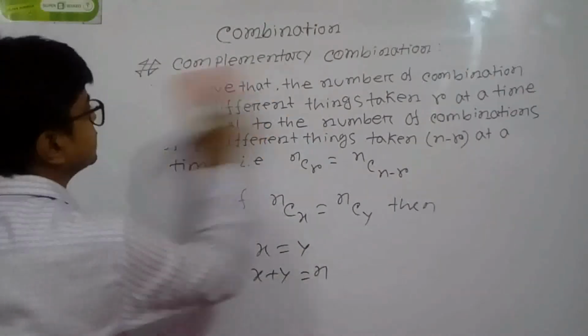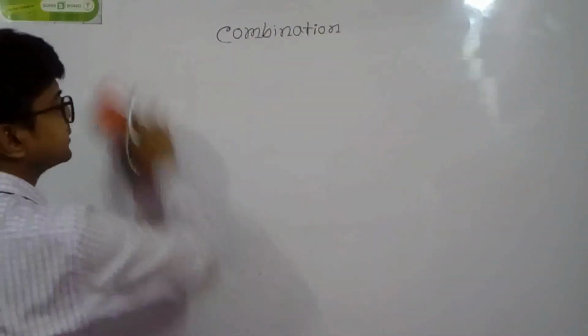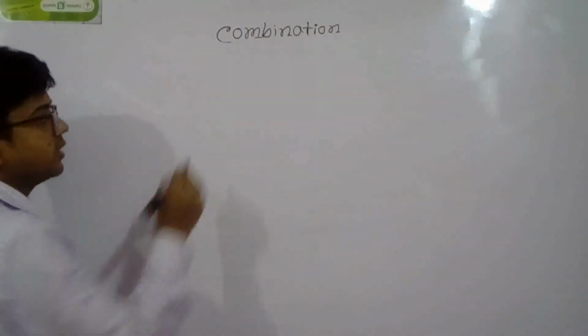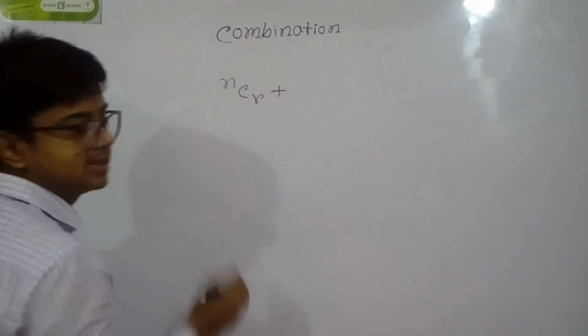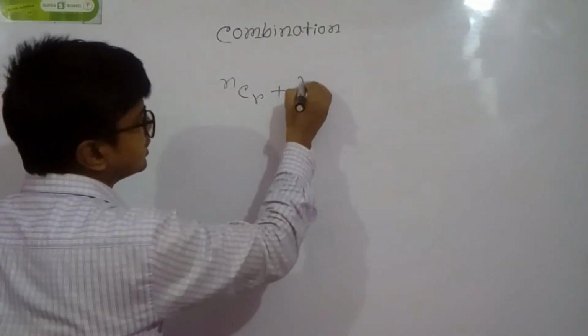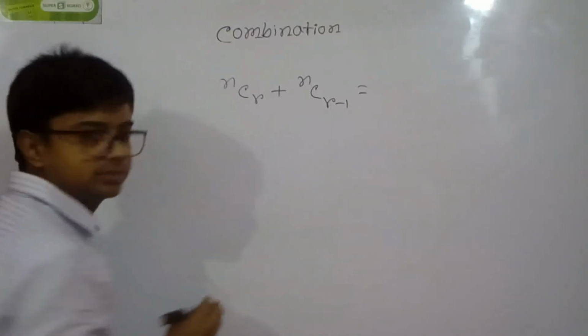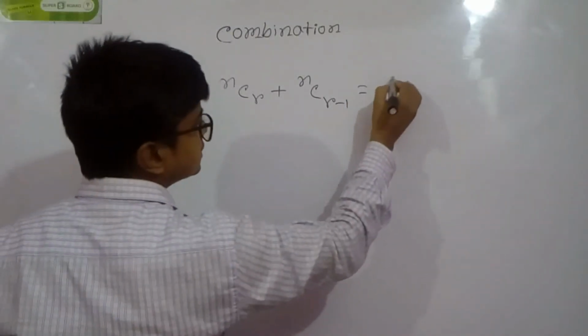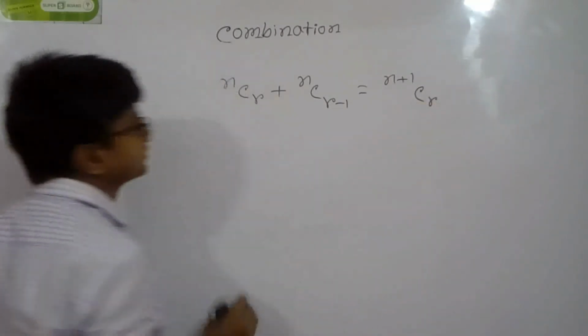Now one formula: nCr plus nC(r minus 1) equals (n plus 1)Cr.